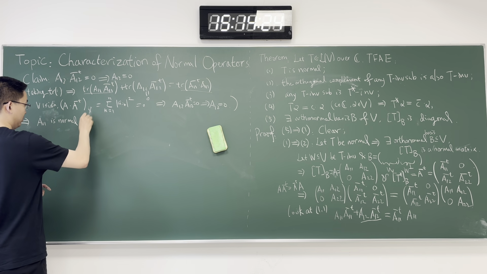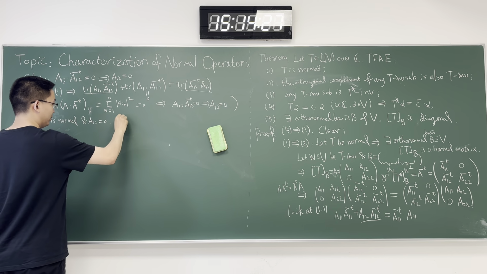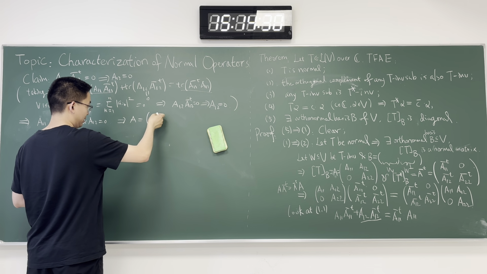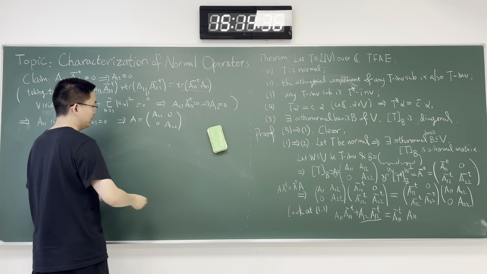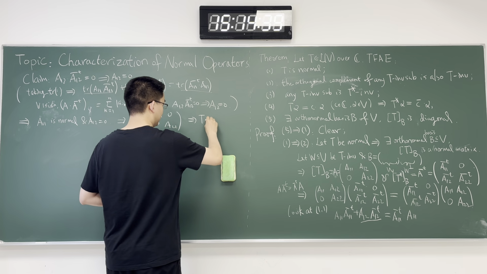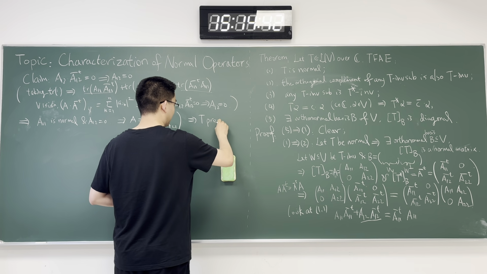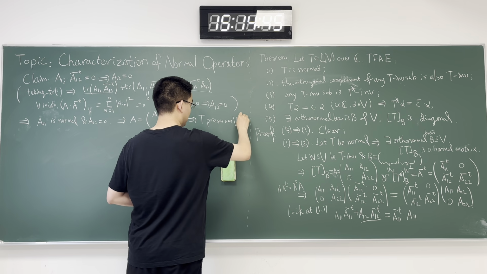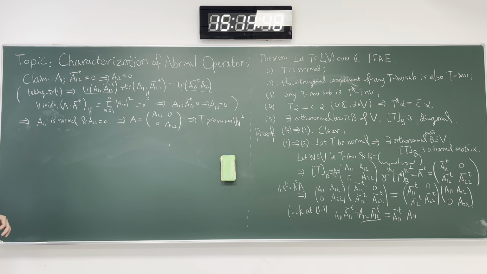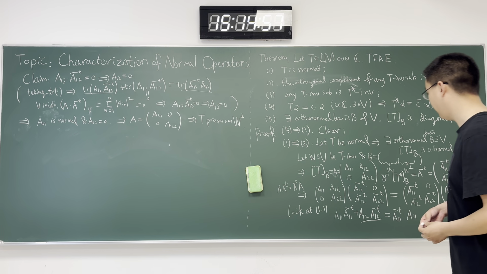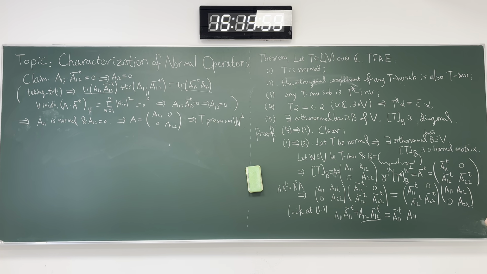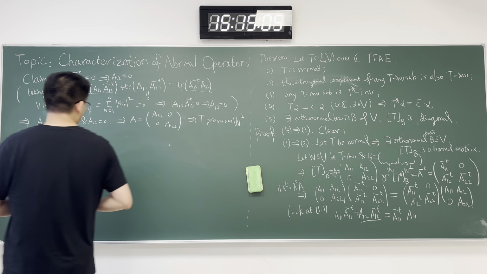So actually we will have our matrix in a diagonal form. This means that T preserves the orthogonal complement of W. This is the proof of 1 implies 2. I should emphasize here that 1 implies 2 is the only non-trivial part among these equivalences.